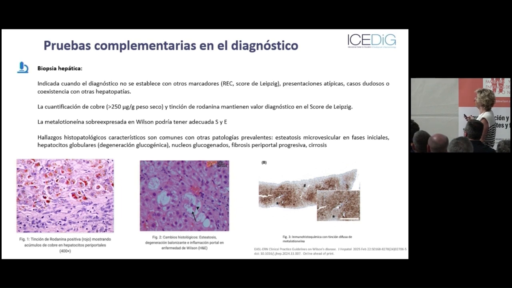This is used when you have a Leipzig score, copper quantification, and here you see the positive rhodanine stain, and this protein here is going to take copper to protect when there's no ceruloplasmin.